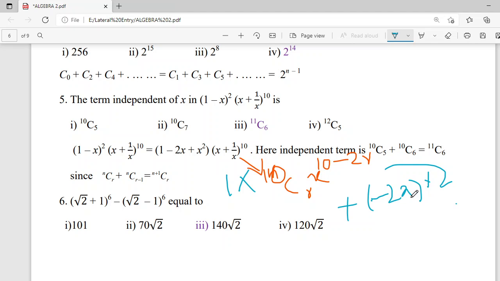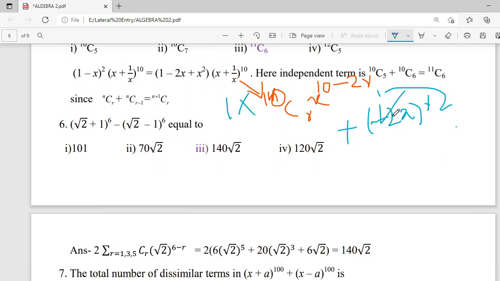But when you say minus twice x, the power of x will be 10 minus twice r plus 1, and it is not possible to make it 0 because n is 10. So it will be 11 minus twice r, and we cannot have an integral value for r. So this will not come.